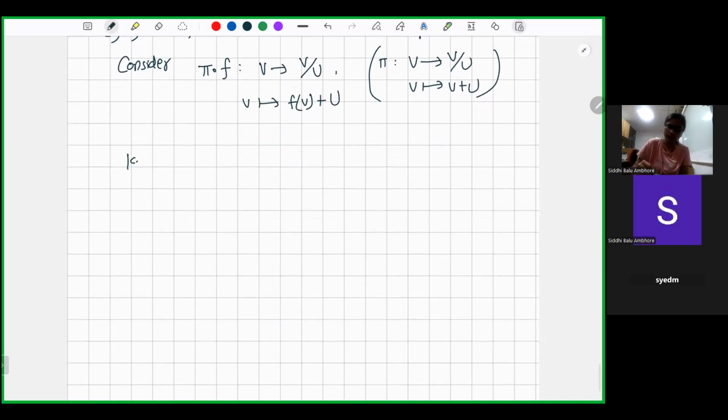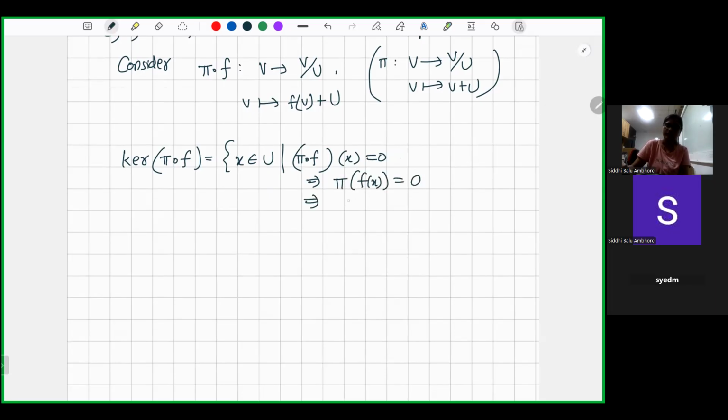Now the kernel of pi composed F will be all those x such that pi composed F of x is 0 in V quotient U, and that is F of x plus U equals 0.